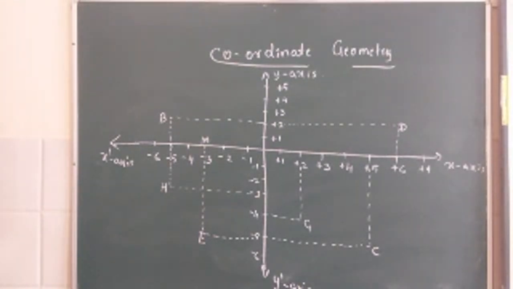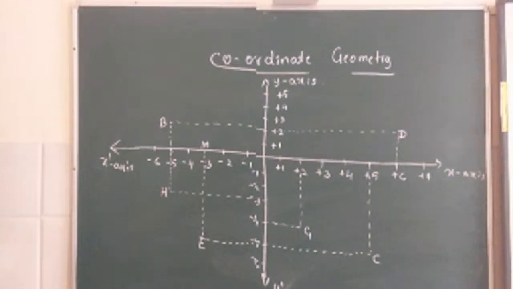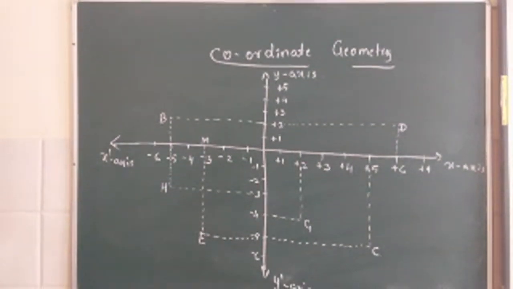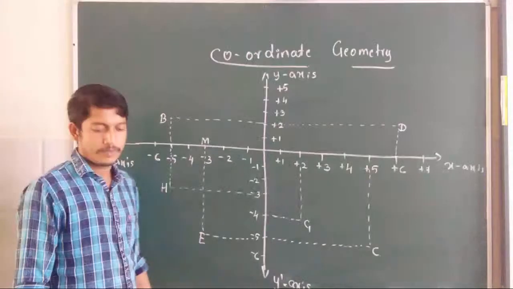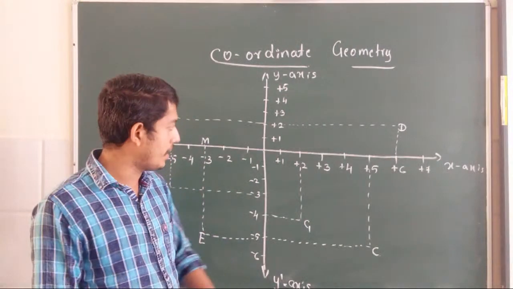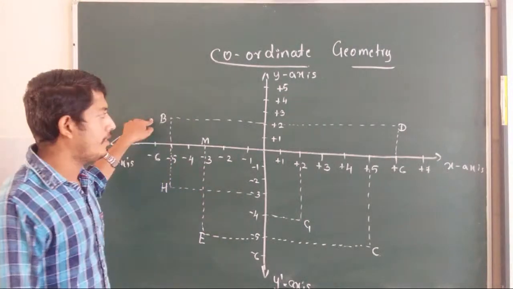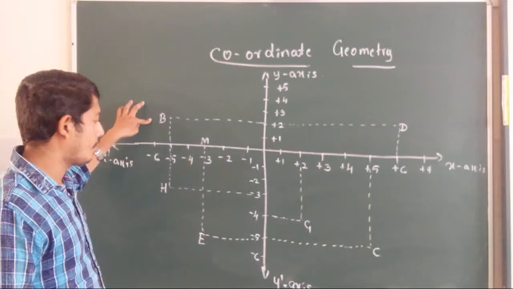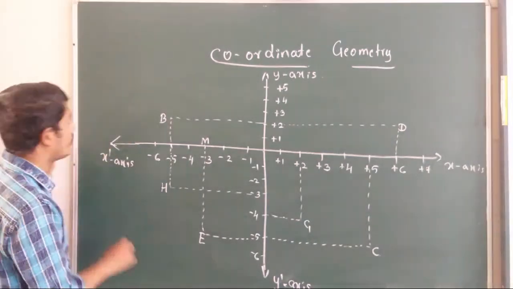Just verify this graph. First question, the coordinates of point B. Point B is present here, and we have to write its coordinates.